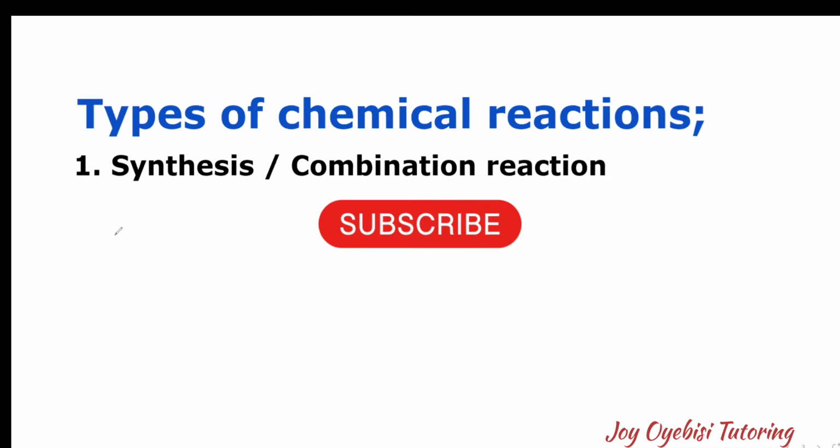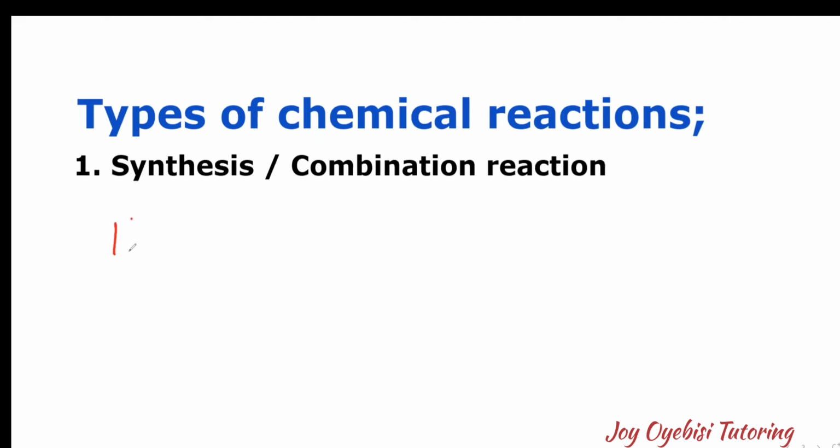For example, if you have hydrogen combined with iodine, this gives us hydrogen iodide. This here is called synthesis. So these two things combined together and they gave us one single product.